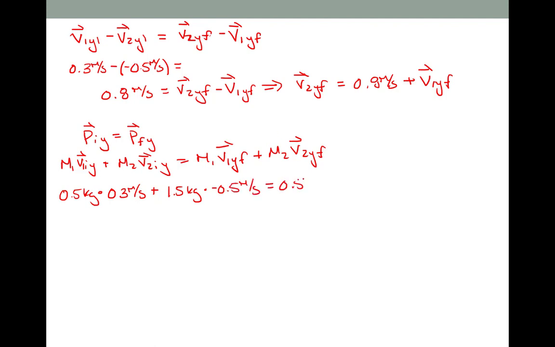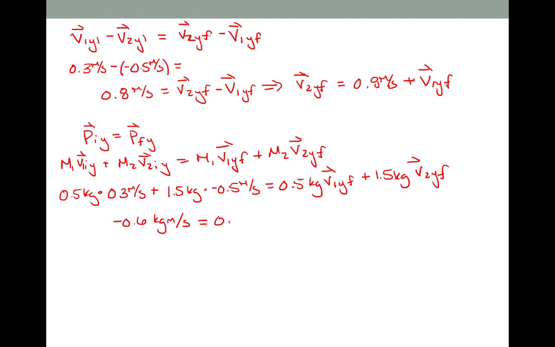That equals 0.5 kilograms times v1 y final plus 1.5 kilograms times v2 y final. Okay, I'm going to combine the left-hand side. When you multiply and add, you should get negative 0.6 kilogram meters per second.